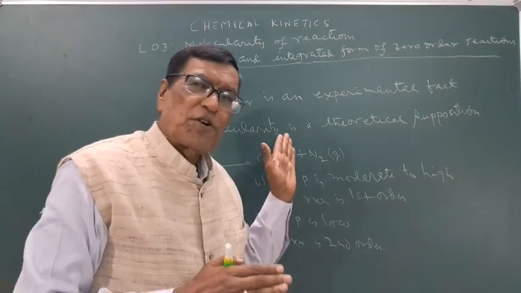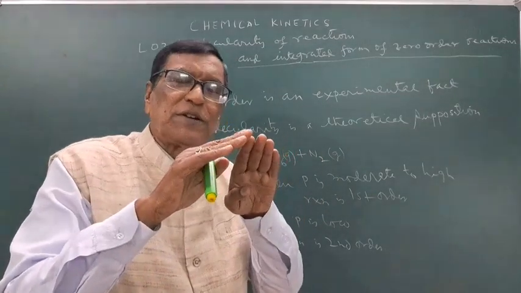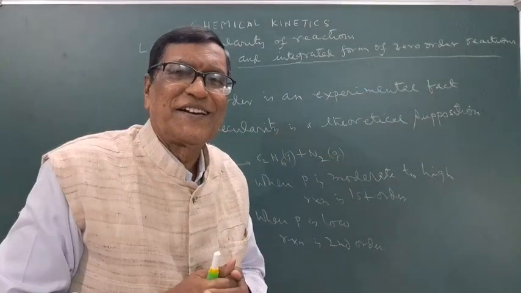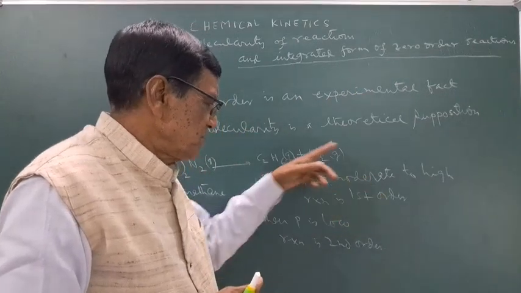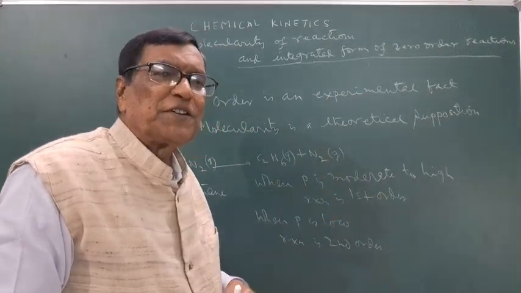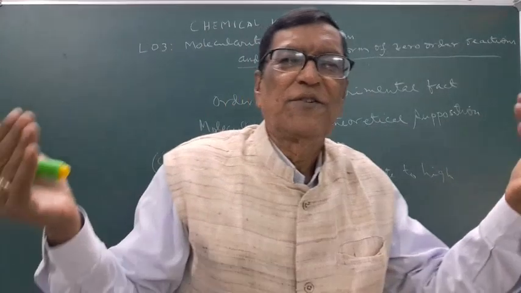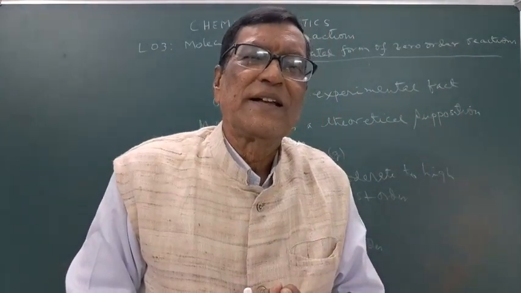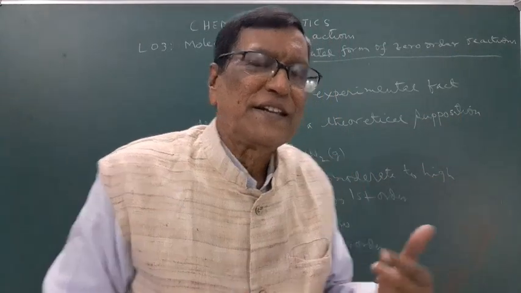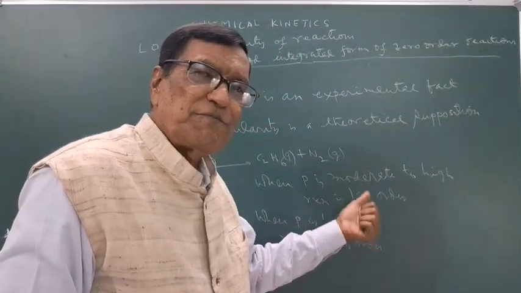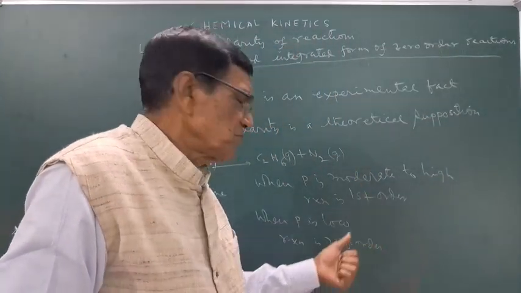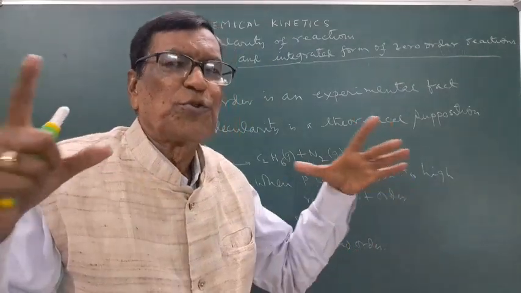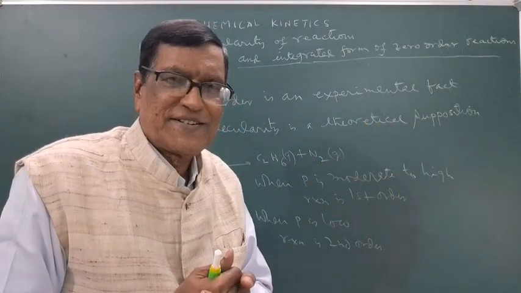So the order of this reaction will shift from first order to second order depending on the pressure you applied experimentally, and at which pressure it shifts from first order to second order, I will show you in my later class.